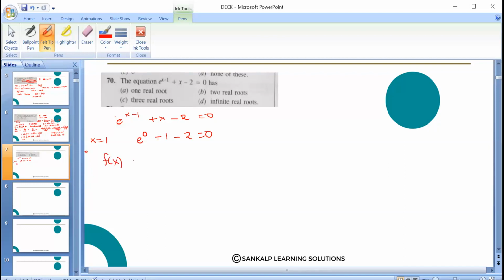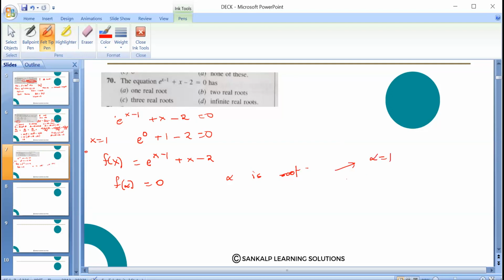Now if you take f of x as e power x minus 1 plus x minus 2, when you are finding the root, we are saying that f of alpha, if it is 0, alpha will be the root. Already we got alpha as 1.